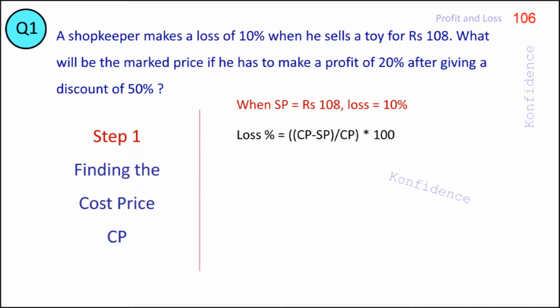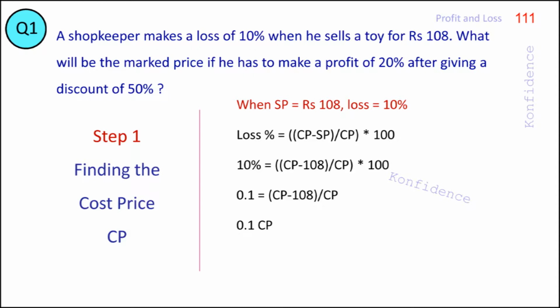Plugging in the value of the present SP, we get 10% equals (CP minus 108) divided by CP into 100, or 0.1 equals (CP minus 108) divided by CP. 0.1 CP equals CP minus 108, or 0.9 CP equals 108, or CP equals 120 rupees.